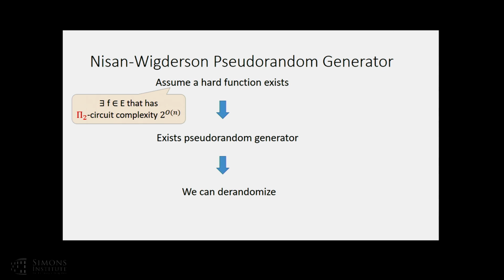Explicitly in the paper, we need to assume there's this function f in E that usually has exponential size circuit complexity. Here we assume you have Pi2 circuit complexity. Pi2 is the second layer in the polynomial hierarchy. And then you get a pseudo-random generator against Pi2 circuits.